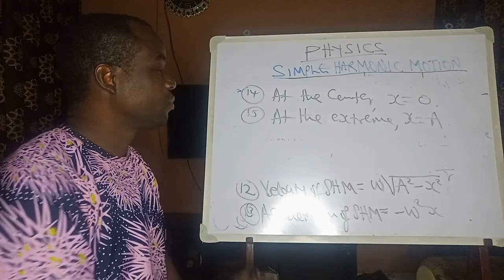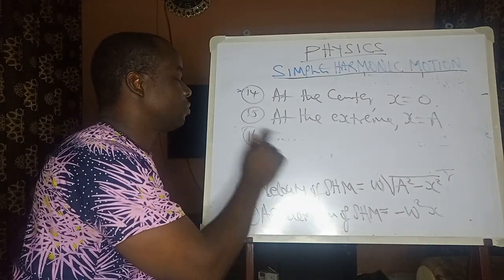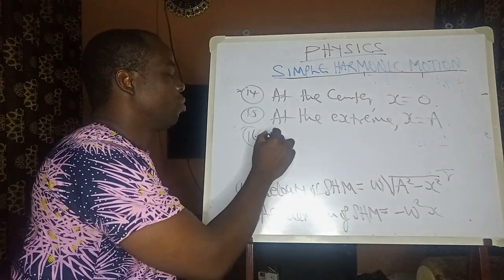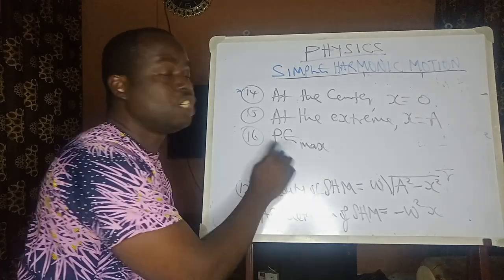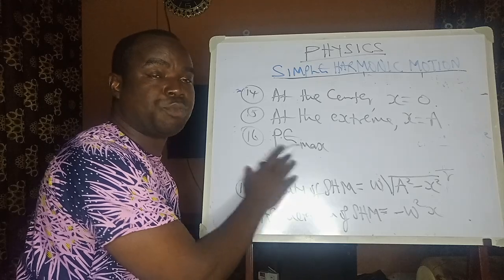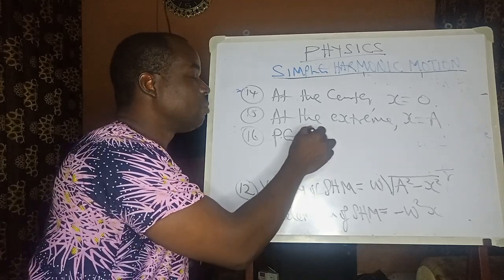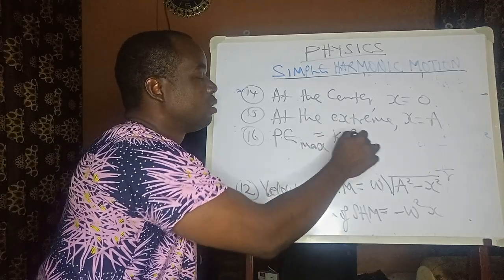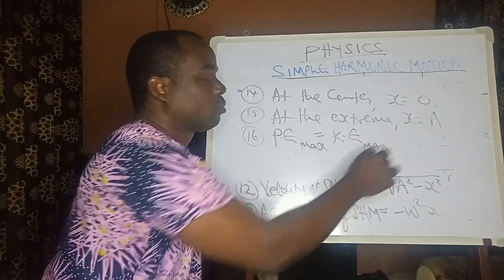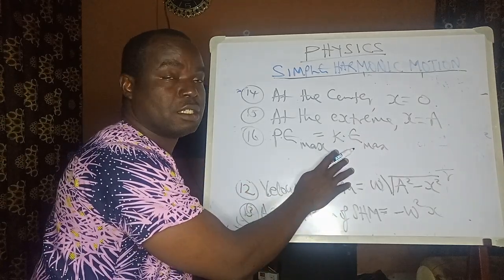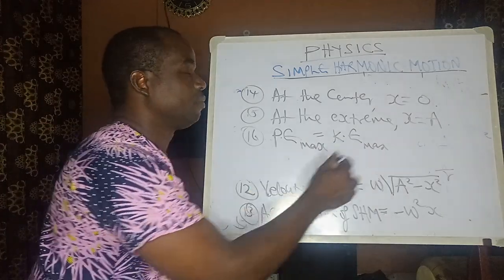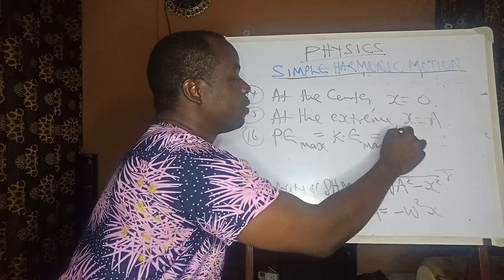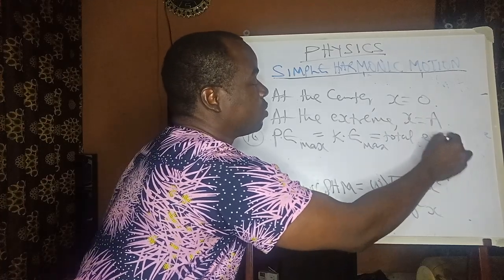Then number 16, PE. P is potential energy, max is maximum. So PE maximum is always the same thing as KE maximum. K is kinetic energy, maximum. This is maximum kinetic energy, maximum potential energy, and is equal to total energy.